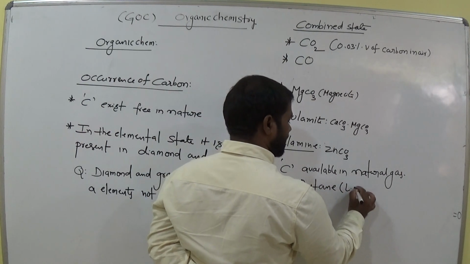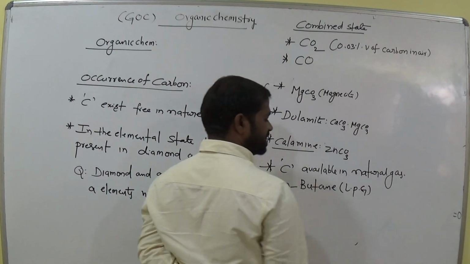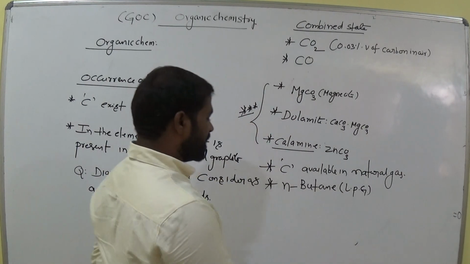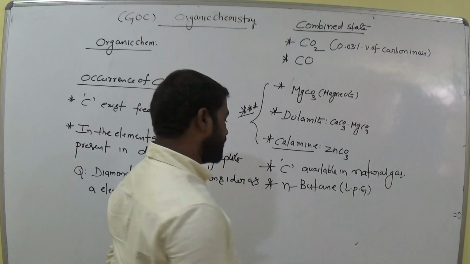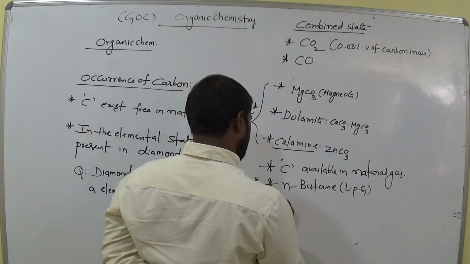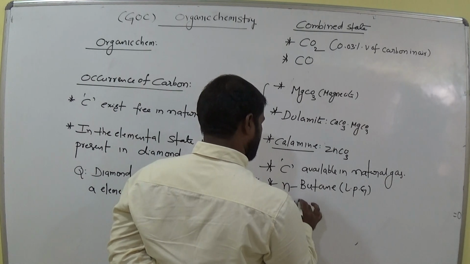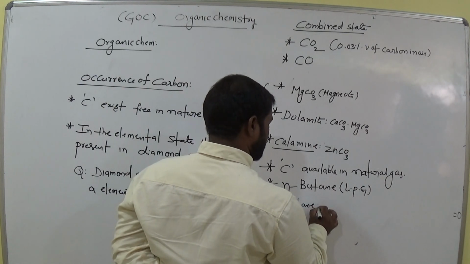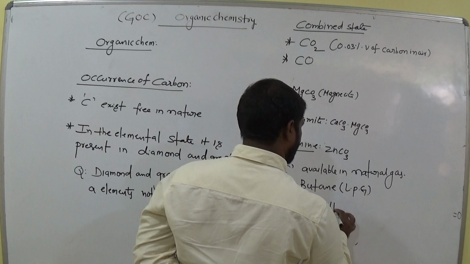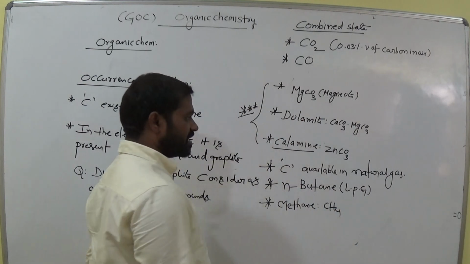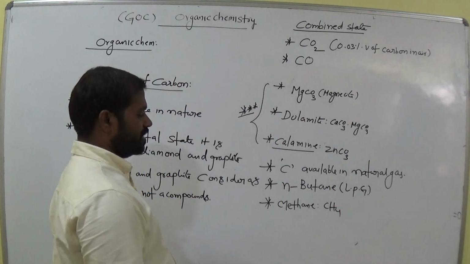N-butane means liquid petroleum gas. It is a hydrocarbon. It also consists of carbon, am I right? For example, methane. In methane also we have carbon, CH4 formula. Carbon is there or not? It's carbon. Okay. Is it clear?